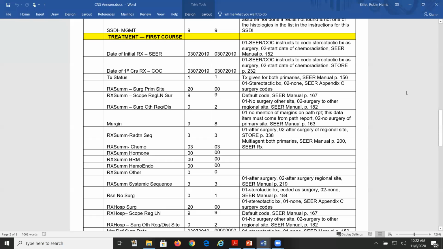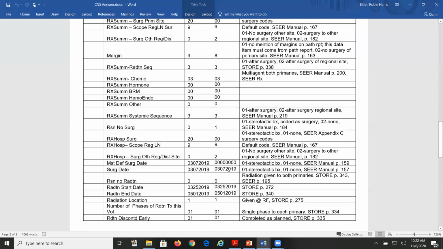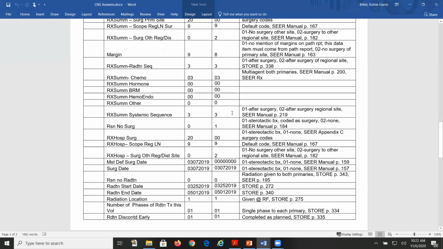Our radiation sequence is 3, as radiation was given after surgery for both primaries. Our treatment summary chemo was 03 for multi-agent chemo for both sites. The rest of the systemic fields are coded as 0s. Our systemic sequence is 3 for after surgery.